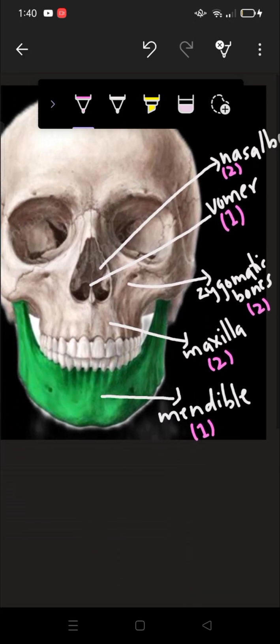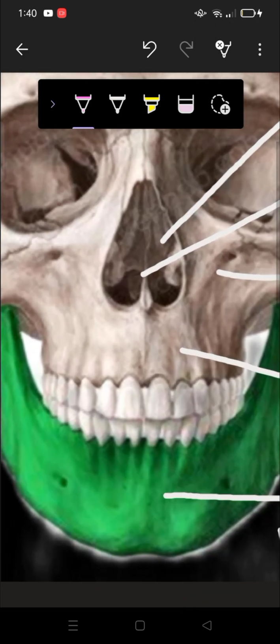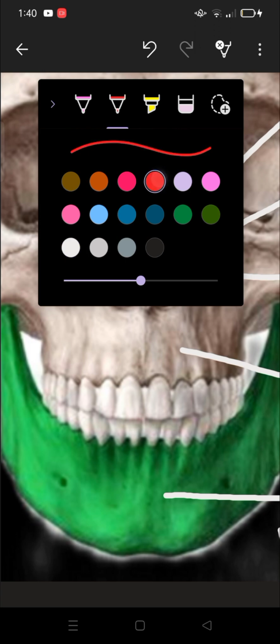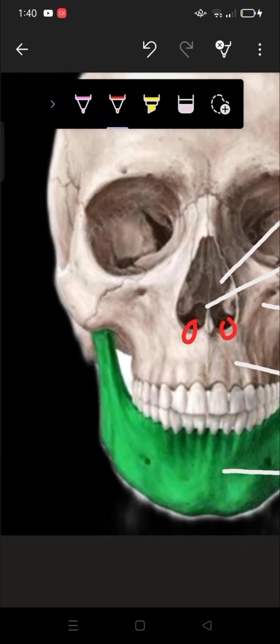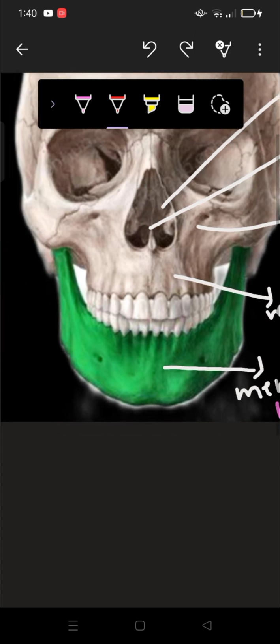Then we have 2 bones here, as you can touch your nose as well. Here we have 2 bones, which are known as inferior nasal conchae. Let me write these bones.